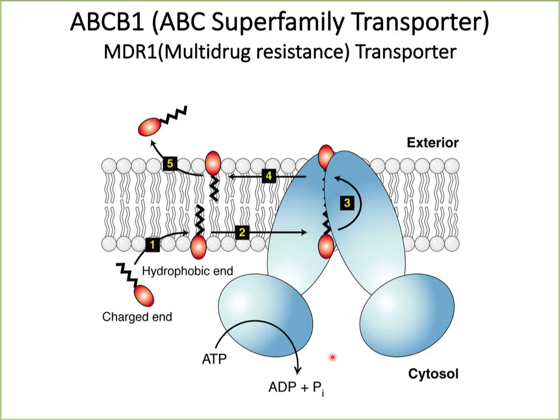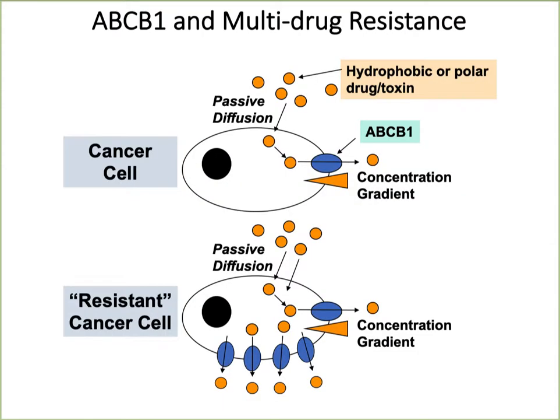The ABCB1 transporter is somewhat specific for a single substrate or group of related substrates. It can move ions, amino acids, phospholipids, and even proteins. It can move a family of charged molecules.